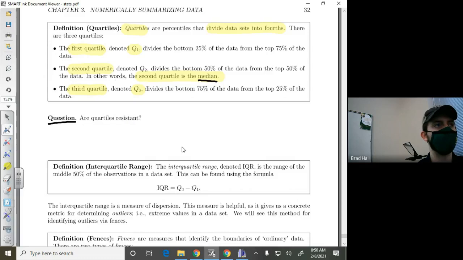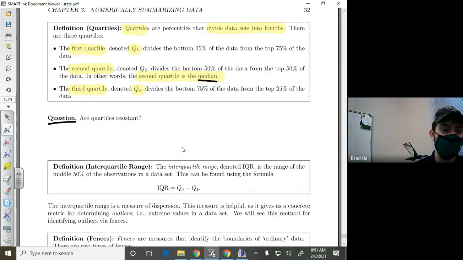Does anyone remember if the median is resistant or not resistant? The median's resistant. So guess what the other quartiles are going to be? Resistant. The reason is that the quartiles only care about the number of values and not the size of the values, just like the median does.